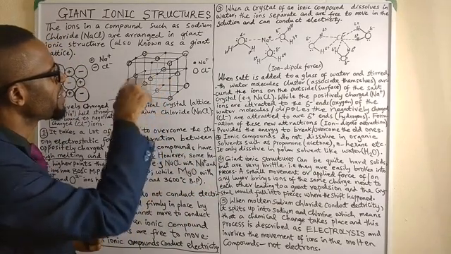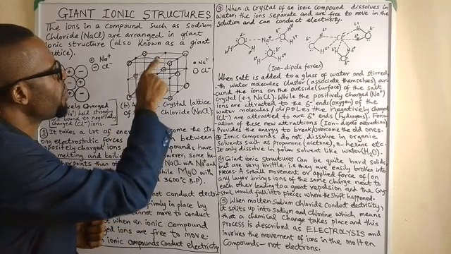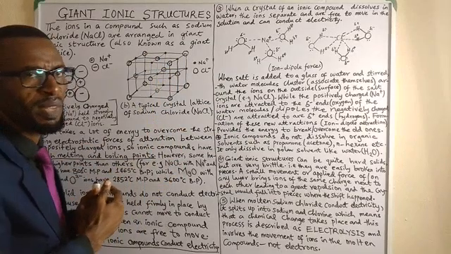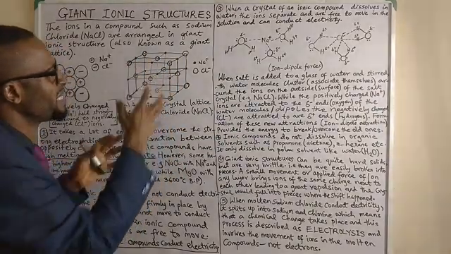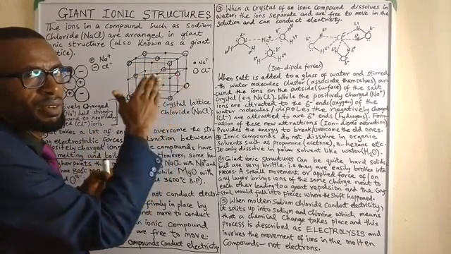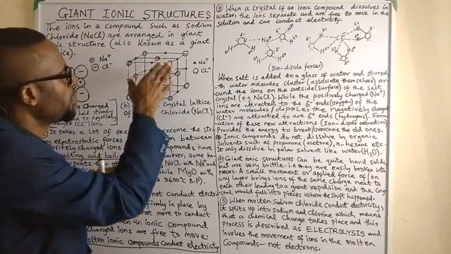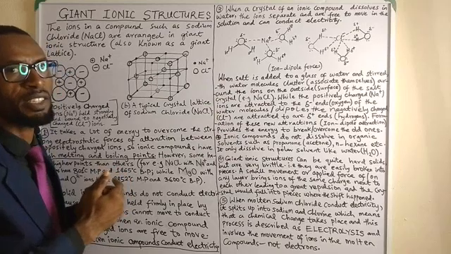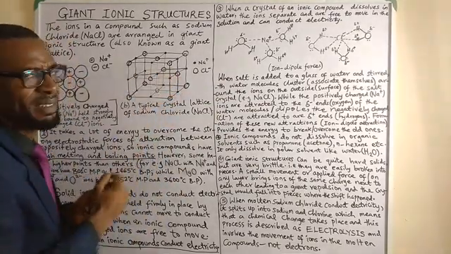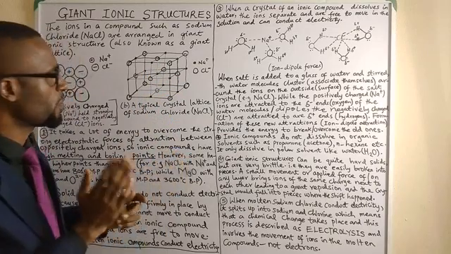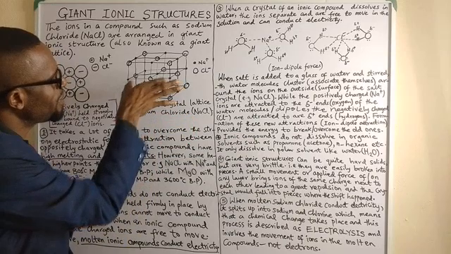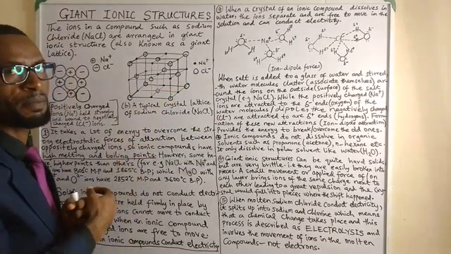Because you discover in the crystal lattice that ions of opposite charge are separated using those lines. At no point will you find ions of the same charge clustered or closely packed close enough to the other ion of the same charge. However, if we apply a little stress on this crystal lattice by pinching the salt or hitting it, if some kind of mechanical stress is applied to this ionic crystal, what happens?